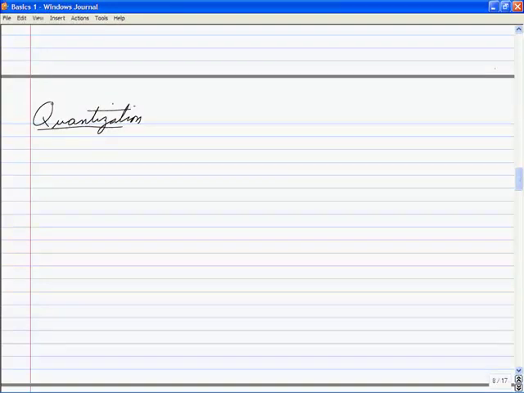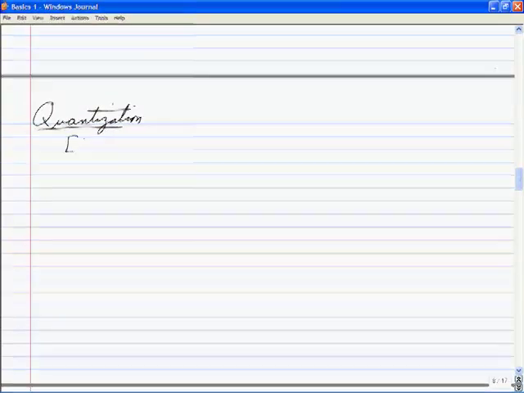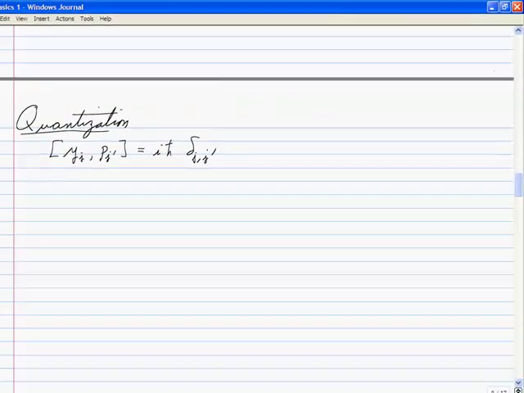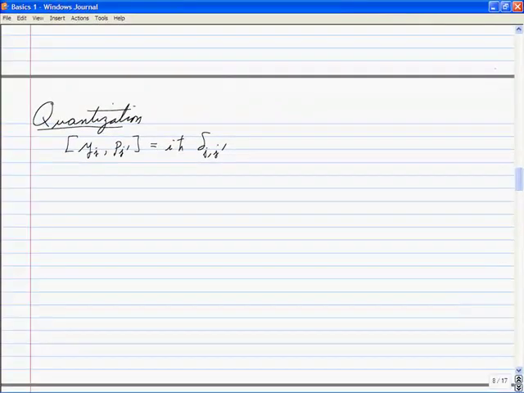Okay, so normally what we know we would have done is we would have taken yj, pj prime, so the coordinates at 2 different points. If they're the same point, they satisfy the commutation rules. If they're distinct, they give 0, right? That's how you would have quantized that system. Okay.